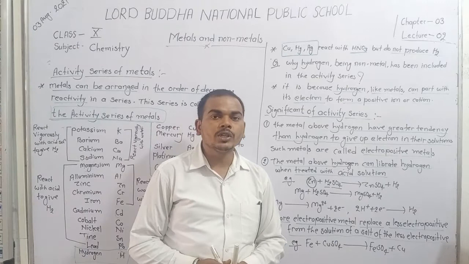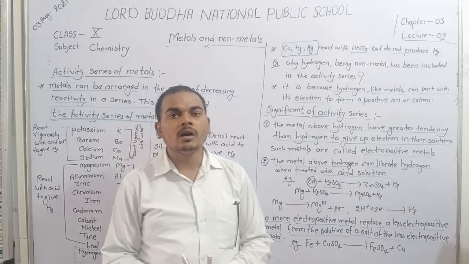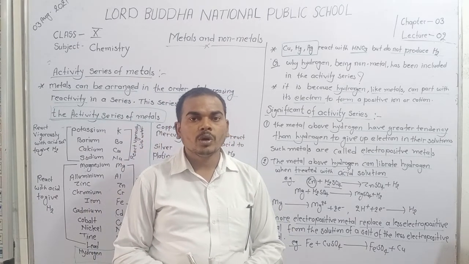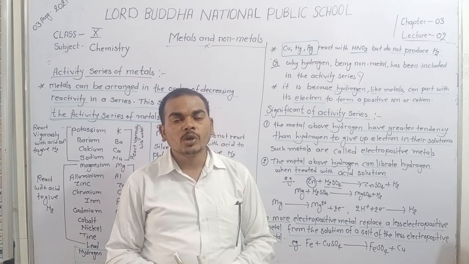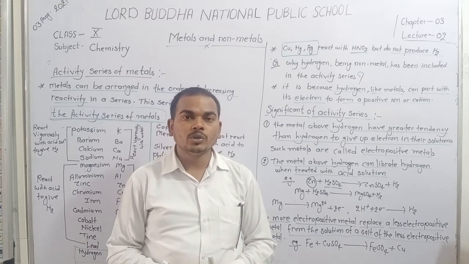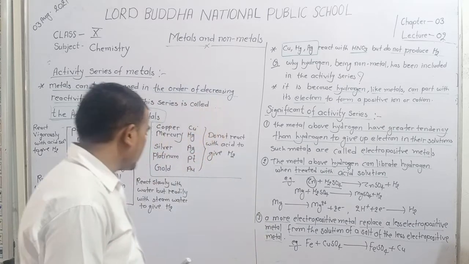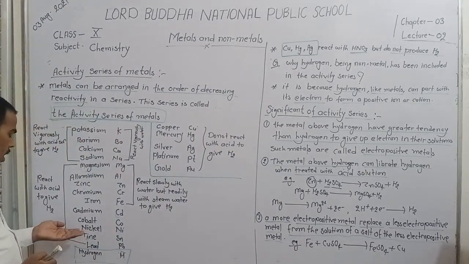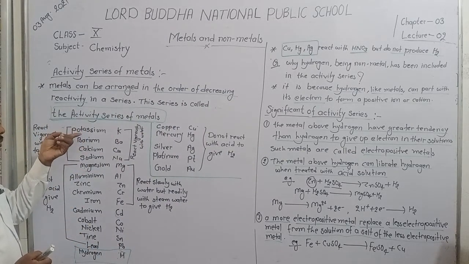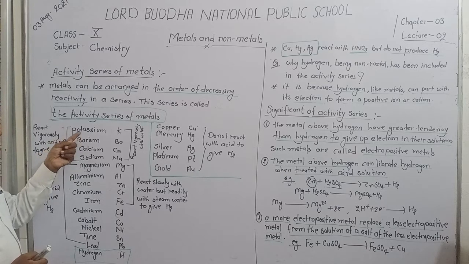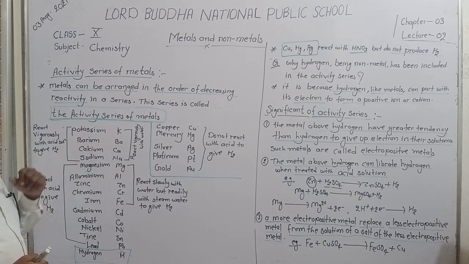How do we distinguish which metal is more electropositive and more reactive, and which is less? The metal placed above is more reactive than the one below. Like here, potassium is more reactive than barium.